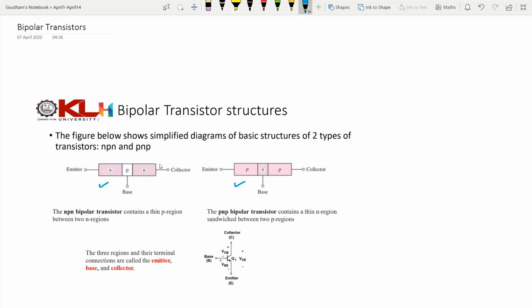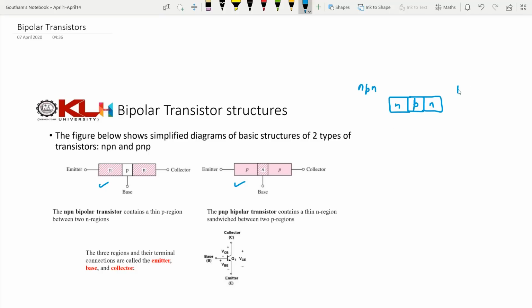What is happening in bipolar transistors is that you take a semiconductor of one type. If it is an NPN transistor, you take a P type semiconductor and sandwich it between two N type semiconductors, so that forms an NPN transistor.